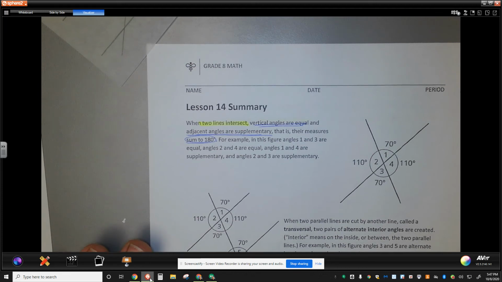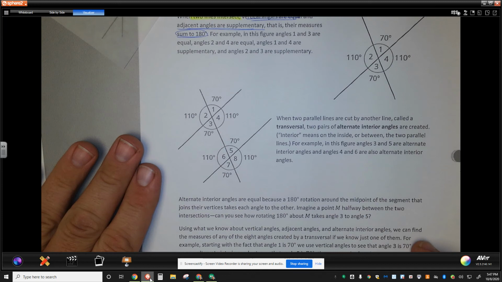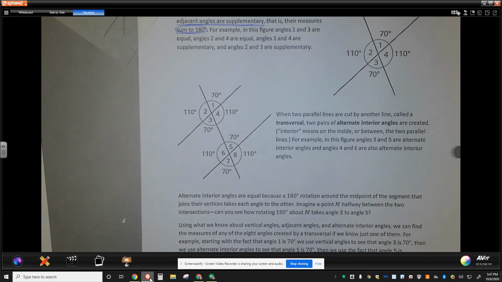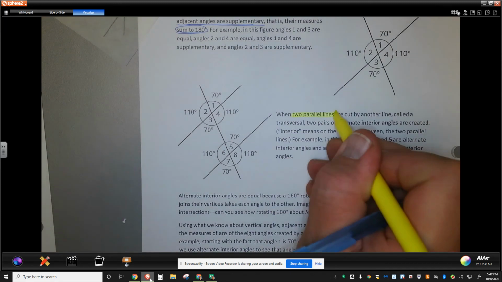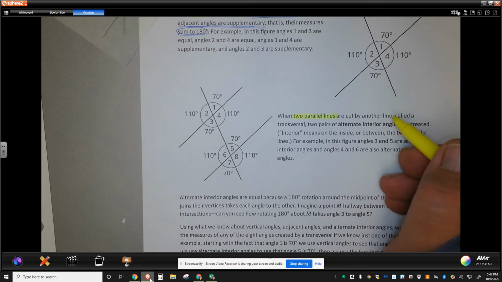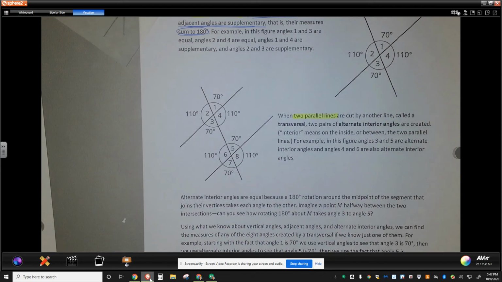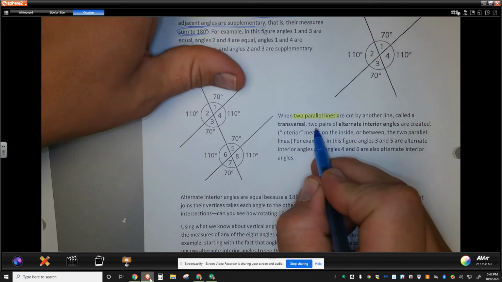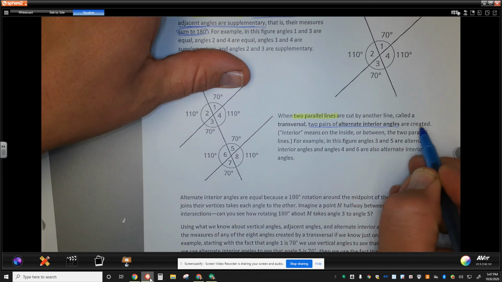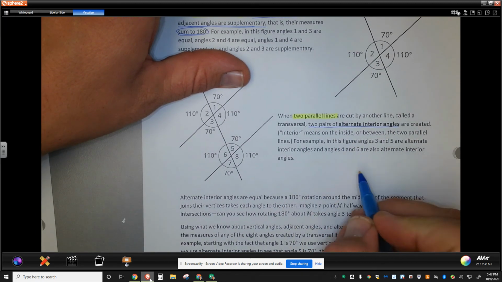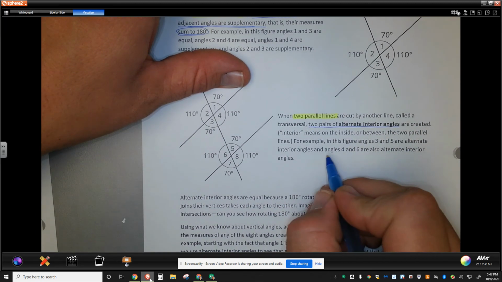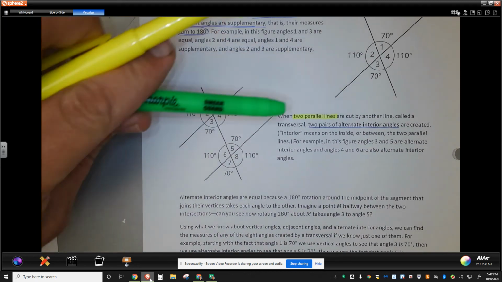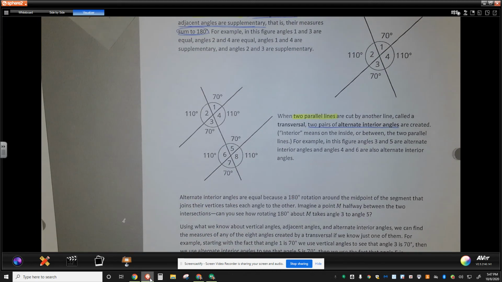When two parallel lines are cut by a transversal, we end up with two pairs of alternate interior angles, and we know that those alternate interior angles are congruent only when the lines are parallel.